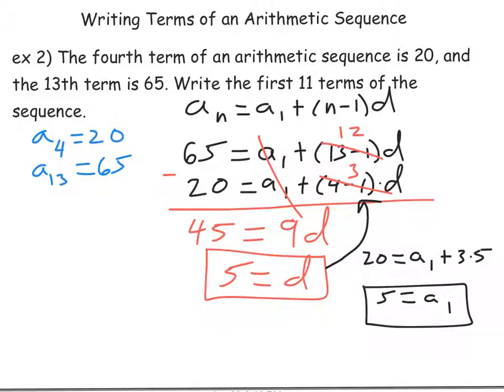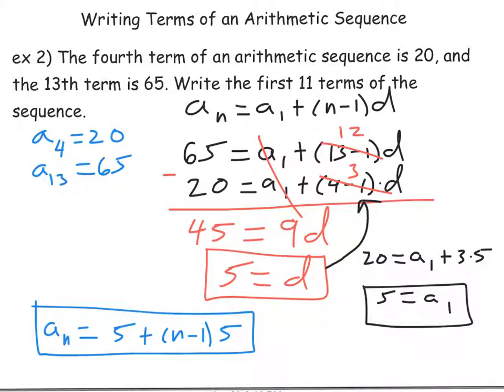That's absolutely coincidental that the first term and the common difference are the same thing. However, we are good to go. First term is 5 plus n minus 1, and d is 5. It's a little trickier case, but if we set up 2 equations with our arithmetic formula, you can basically use elimination and we can get our first term and the common difference.